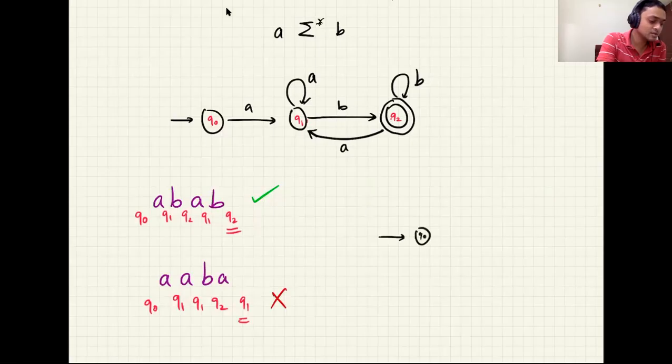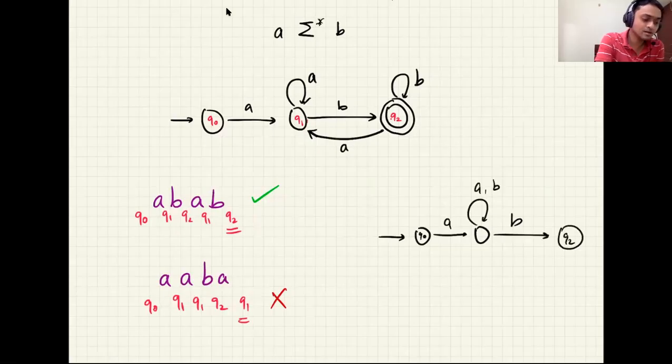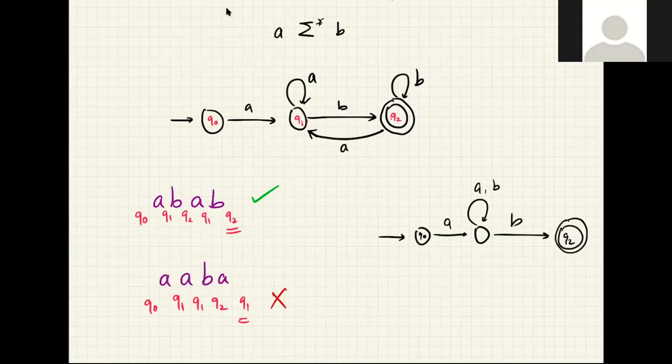You wanted to do this A, B, B, where Q2 is an accepting state? Yes, sir. This is a finite automaton, and also there is a transition from the middle one: if it gets an A, then it ends.